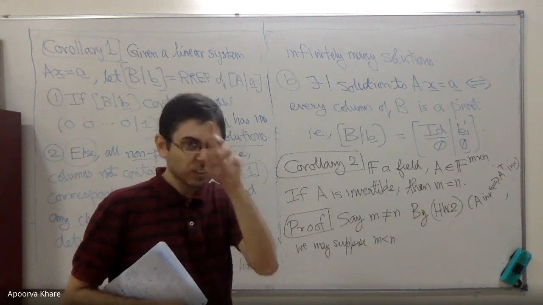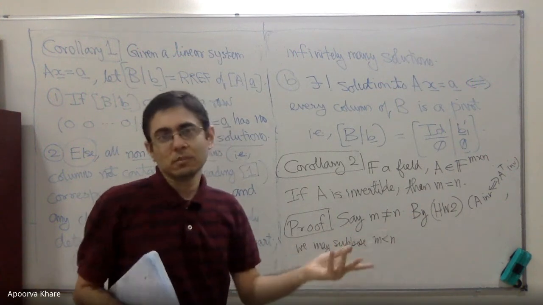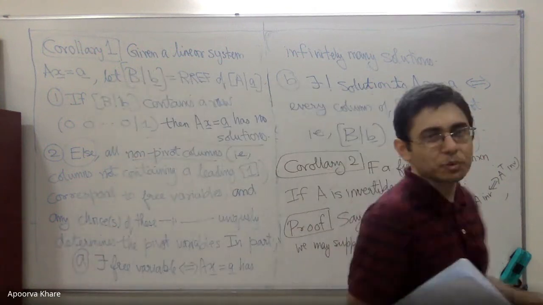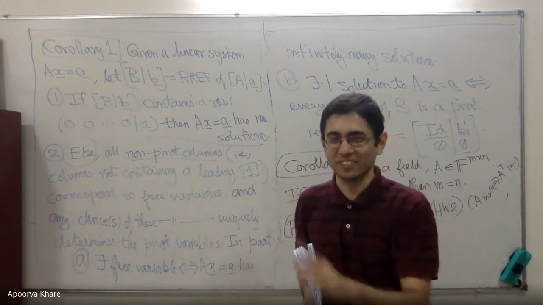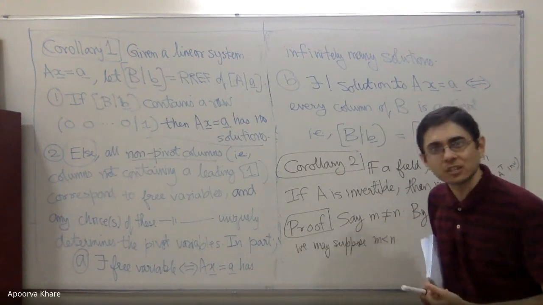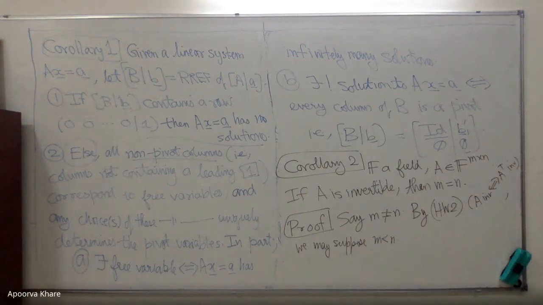I work with 3 by 5, prove that 3 equals 5, and then go back to A. If A transpose is square, then A is also square, since a matrix is square if and only if its transpose is square. So we may suppose that M is less than N. Okay, great.